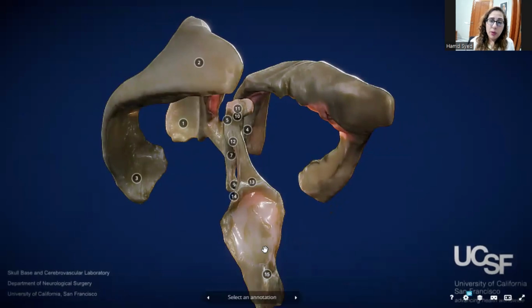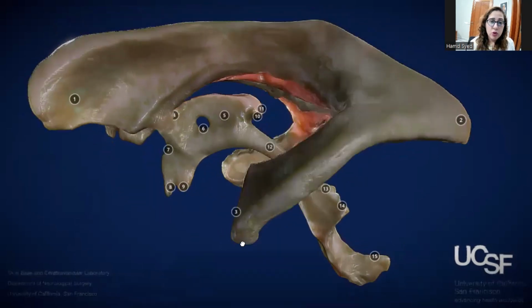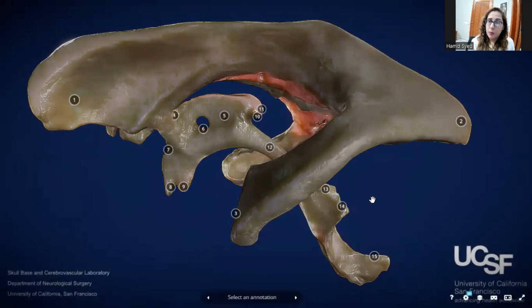Through these three openings, the CSF of the fourth ventricle is going to enter into the subarachnoid space. So this was a brief description of the ventricular system on a three-dimensional model, and I hope it helped you in getting a better understanding of the ventricular system of the brain.